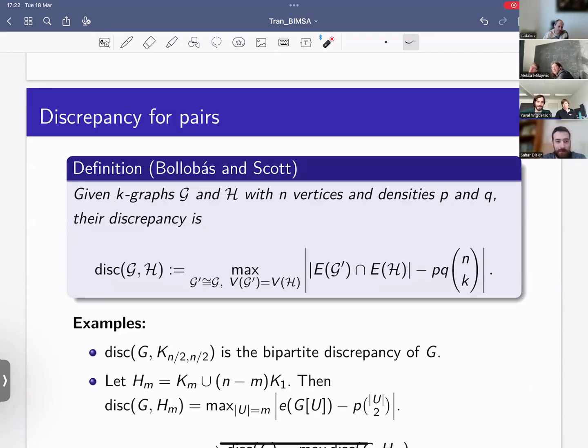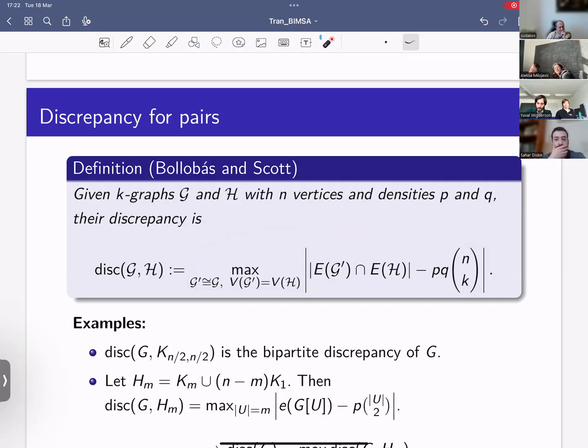Oh, okay. So now we are given two k-uniform hypergraphs G and S with the same number of vertices n, and the corresponding densities are p and q. The discrepancy of this pair is defined to be this quantity. So let me guide you through these definitions.